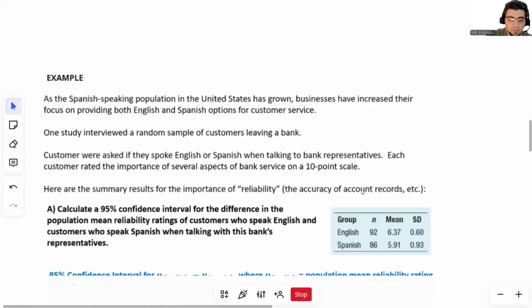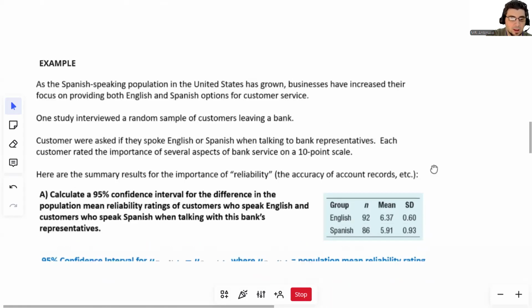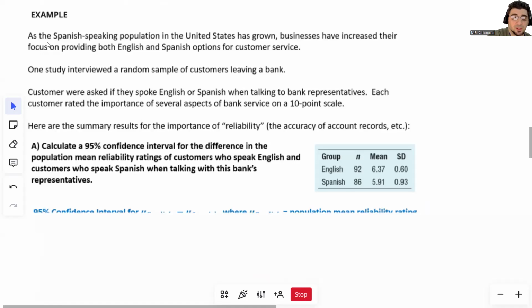So let's run through a full example here. As the Spanish-speaking population in the United States has grown, businesses have increased their focus on providing Spanish and English options for customer service. One study interviewed a random sample of customers leaving a bank. Customers were asked if they spoke English or Spanish when talking to bank representatives.